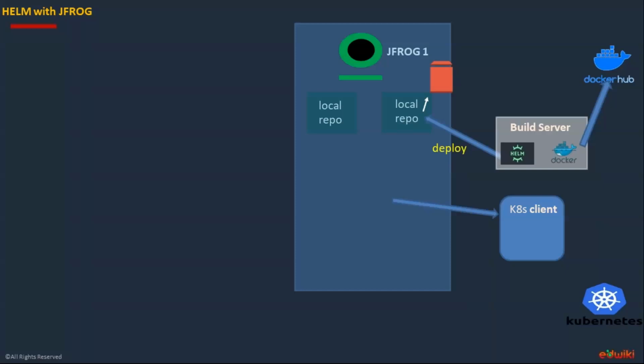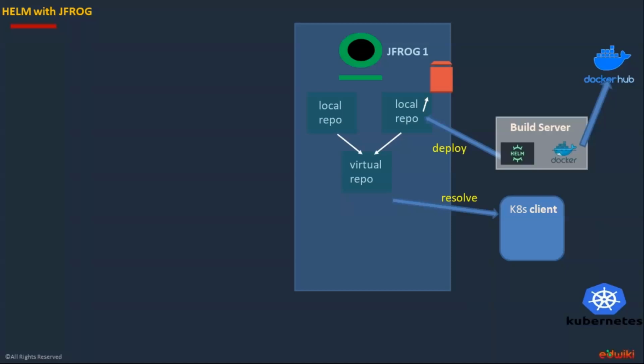That's the reason JFrog gives the concept of a virtual repo. So in JFrog, we create one more repository called a virtual repo. This virtual repo is actually connected to the local repositories, right?